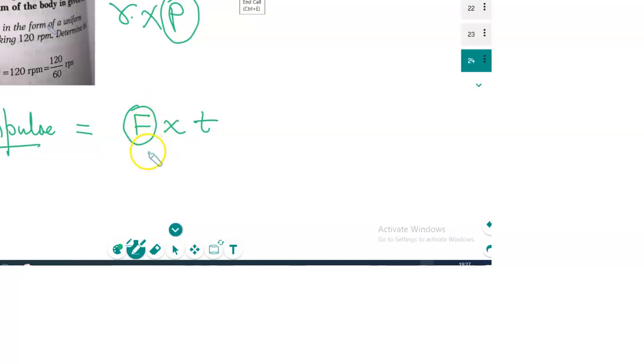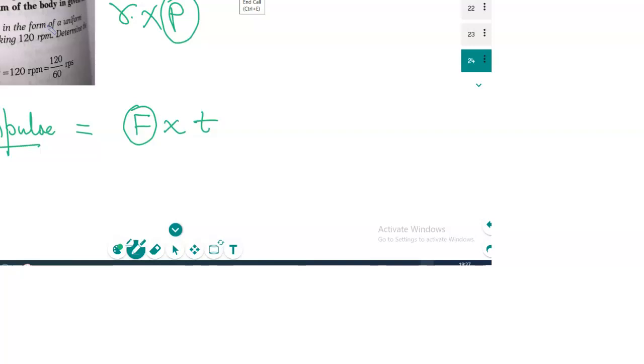Torque, you understood or not? Torque into delta T is the angular impulse. Torque into delta T is equal to final angular momentum minus initial angular momentum. Is it clear? Like impulse is equal to final momentum minus initial momentum.